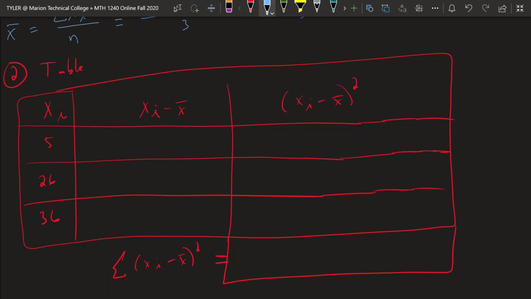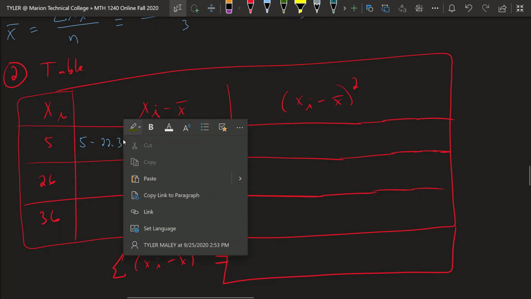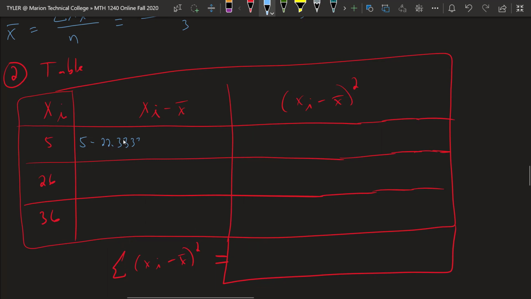So first we would take 5 minus 22.3333, which gives me negative 17.3333. If I square that, I get about 300.4444.